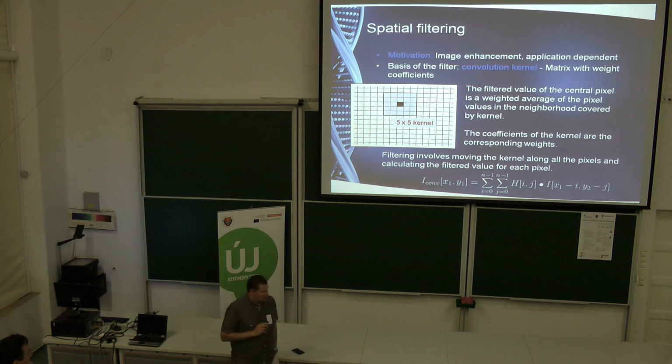And now a little bit more difficult thing is spatial filtering. Spatial filtering is a way to enhance an image, basically to change the image. The idea is that we have a kernel, which is a set of numbers you can imagine as a small matrix. We put it at every position of the image and then calculate the underlying dot product and sum of the values.